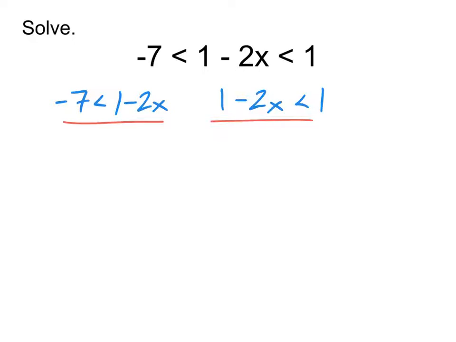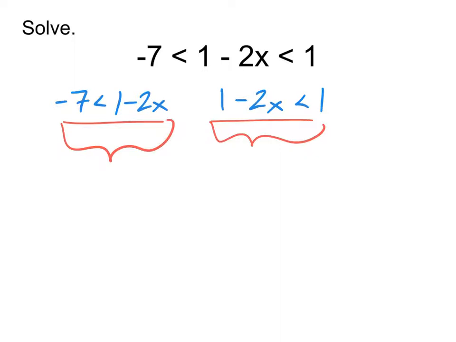Because let's say I'm just looking at this first one here. If I wanted to get x by itself, what would I do first? Yeah, we'd subtract 1 there. Well, what about on this one over here? What would I do first if I want to get x by itself? We'd subtract 1.